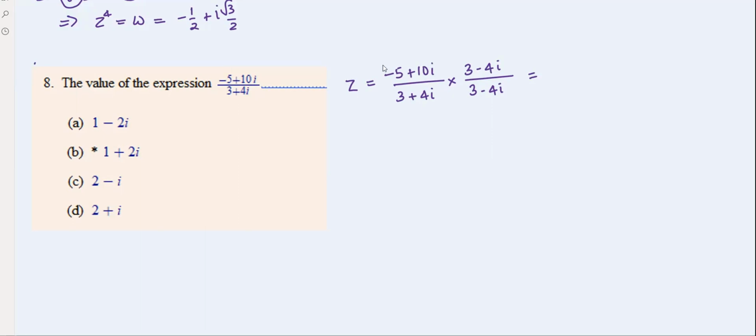So now product on top, minus 5 into 3 is minus 15, minus 5 into minus 4 plus 20i, plus 30i minus 40 I square, upon A square minus B square. So you will get 3 square plus 4 square.